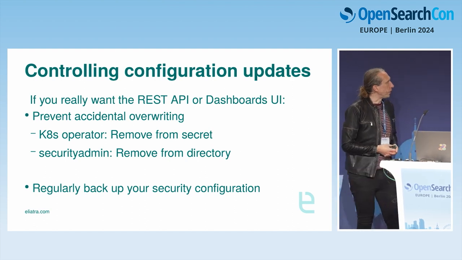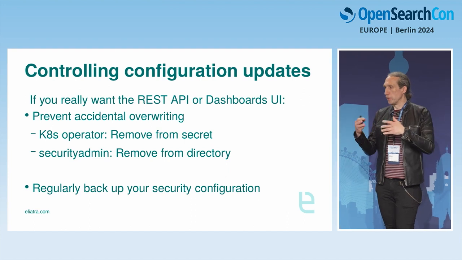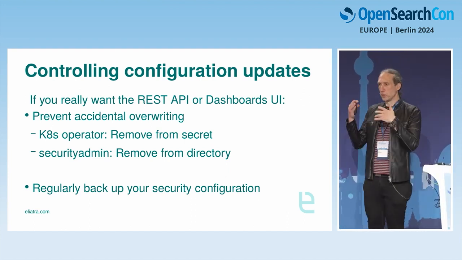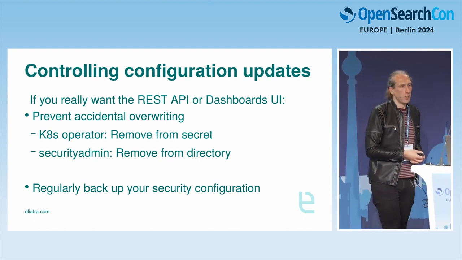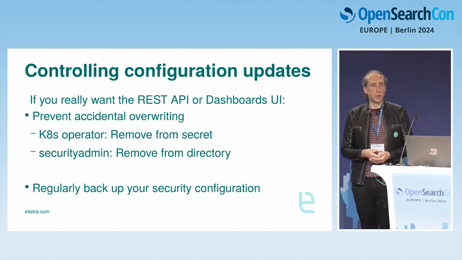In case of the Kubernetes operator, you can remove individual config files, for example, just the roles from the secret, and say, I'm now configuring all the roles with Dashboards. Also, the same works if you just use plainly the security admin tool. Just remove the particular file from the directory, and then it won't be overwritten.